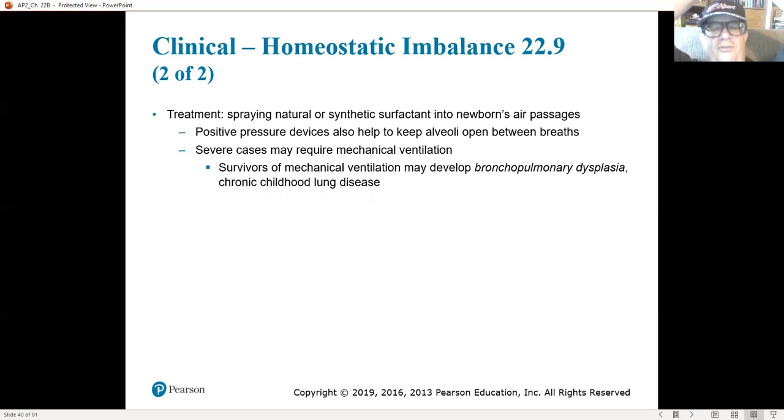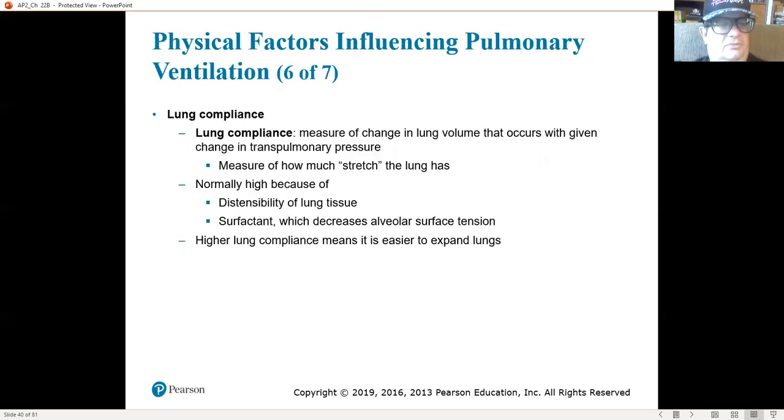You might have to hook them up to a ventilator to breathe for them. Mechanical ventilators are good, but they have side effects. Survivors of the mechanical ventilation may develop bronchial pulmonary dysplasia, chronic childhood lung condition.